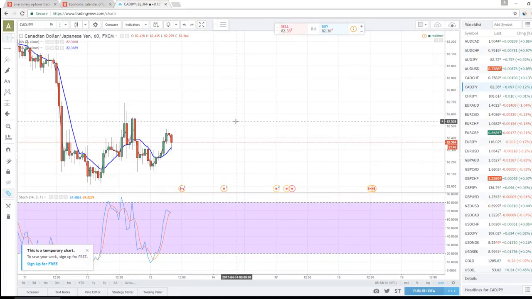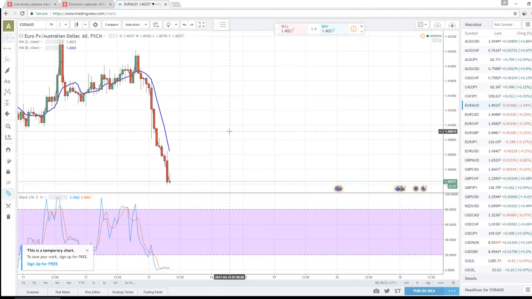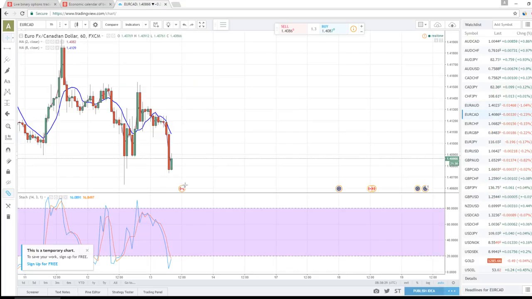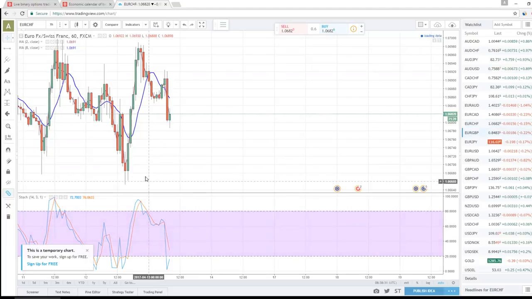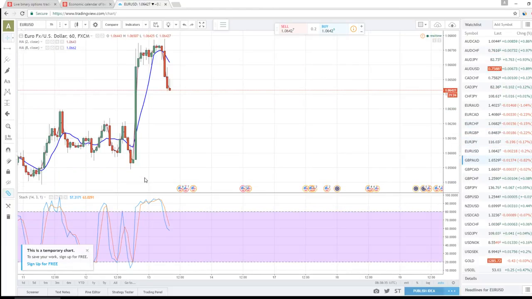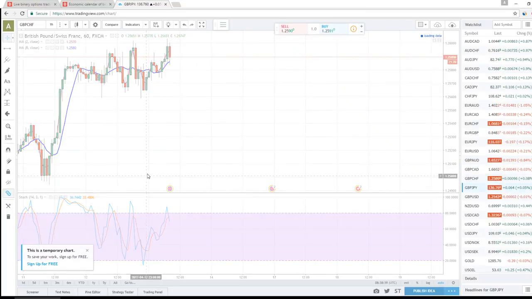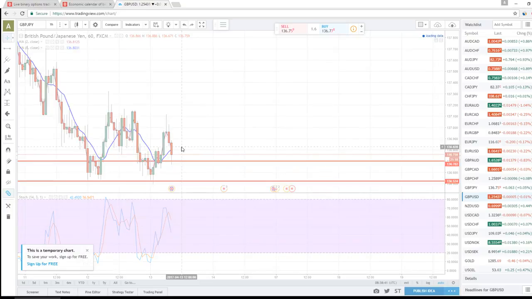Okay, Canadian, within the 1 hour time frame, is also not that interesting. Euro to Australian dollar, we see it was falling, and a correction is pretty probable, but right now I cannot definitely say to enter there.